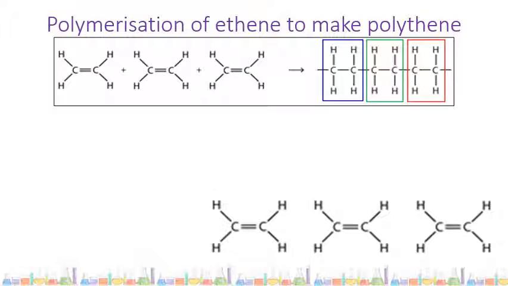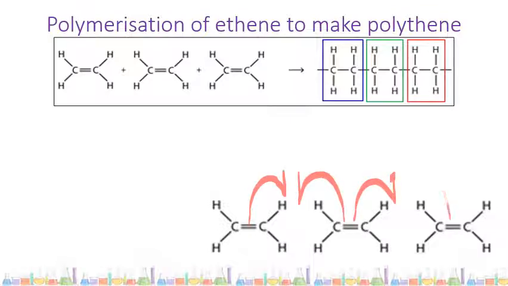The first example is the polymerization of ethene. This is where you have lots of ethene molecules that are going to undergo an addition reaction together to form a long chain hydrocarbon. We can show how this happens in a similar way to how we showed how the substitution reactions happen.